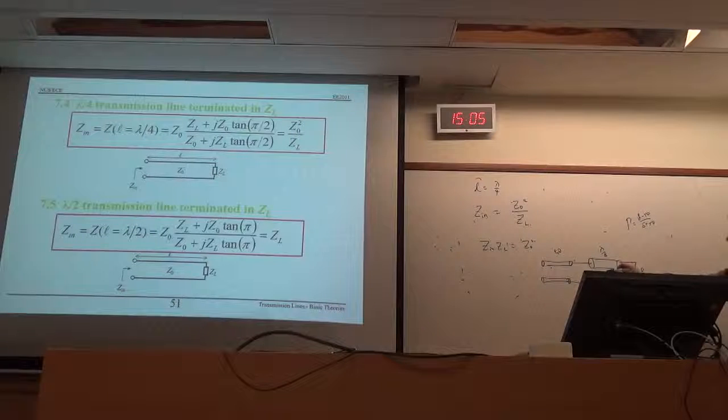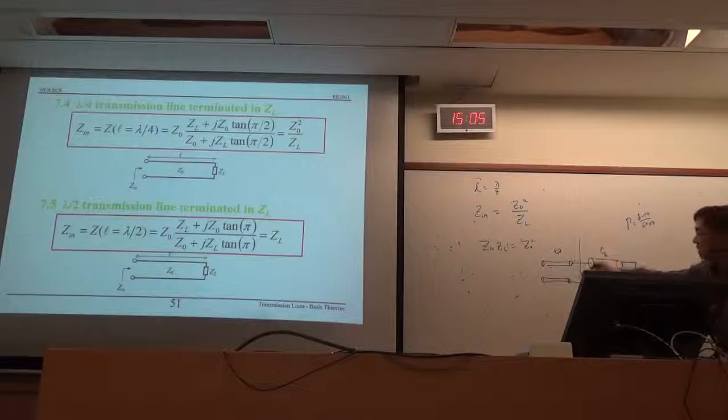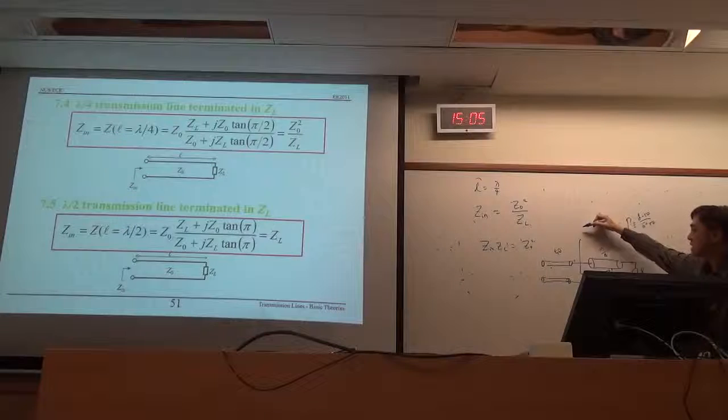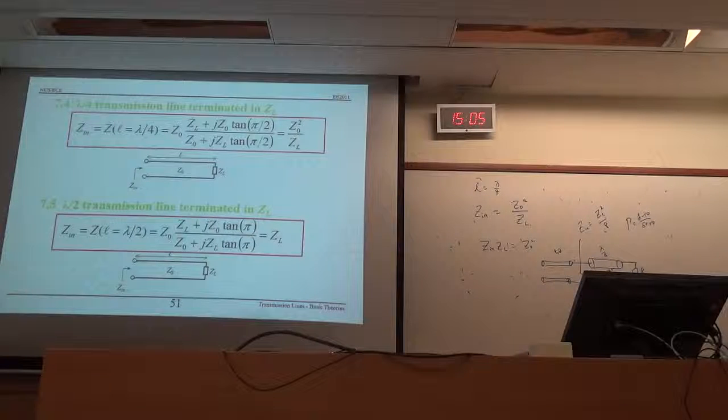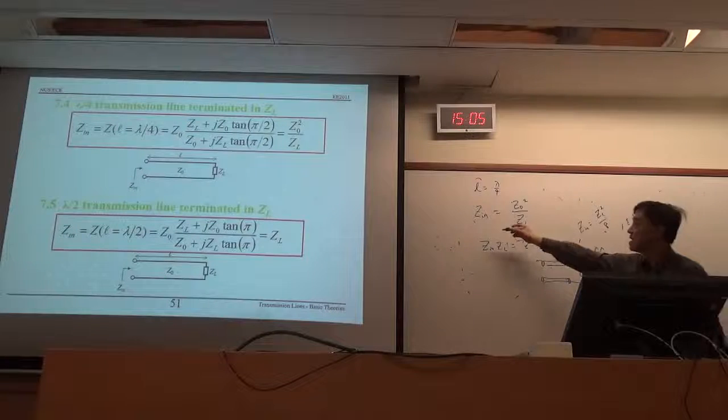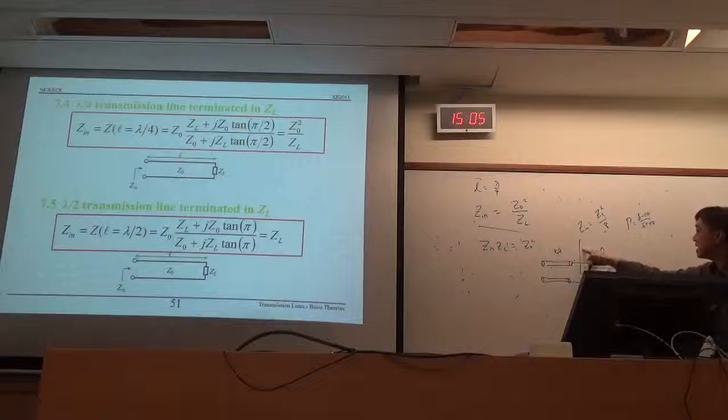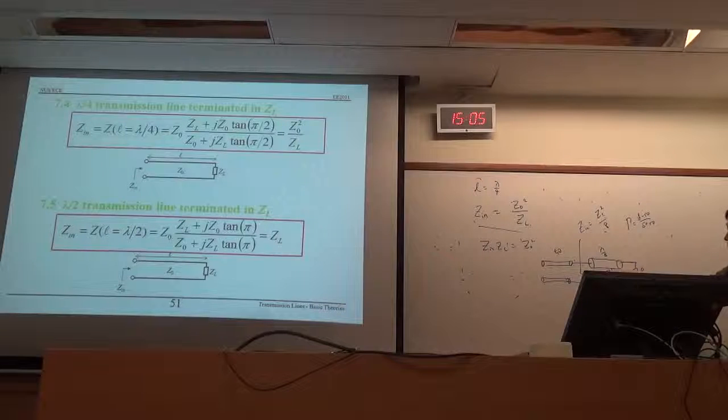If the transmission line has impedance Z prime, then my input impedance here will be Zin equal to Z prime squared divided by 8. Correct or not? According to that formula, my Zin is equal to the characteristic impedance squared divided by ZL.